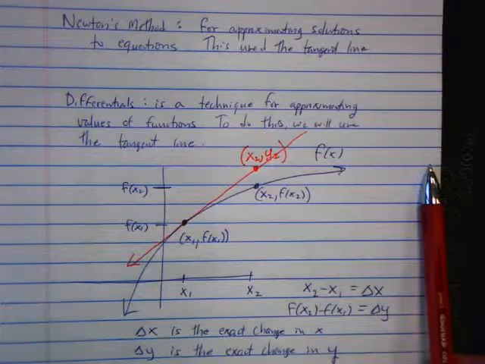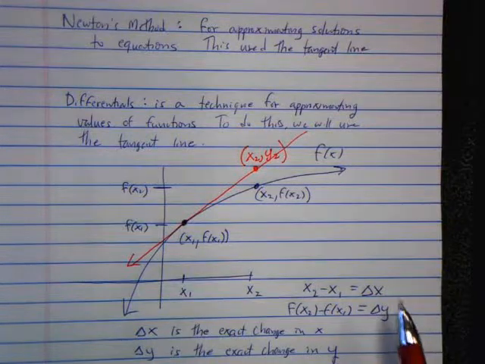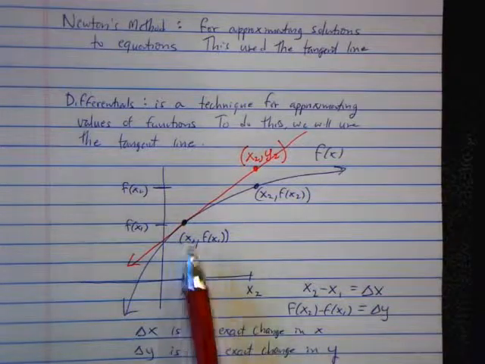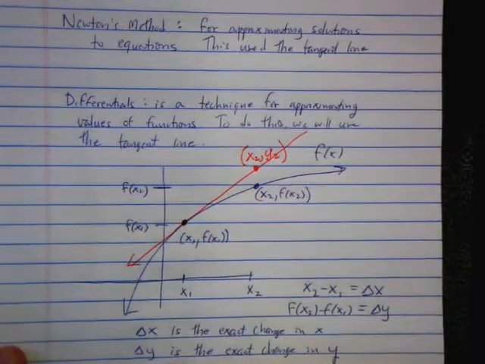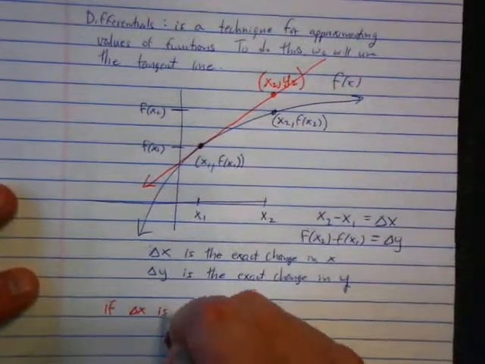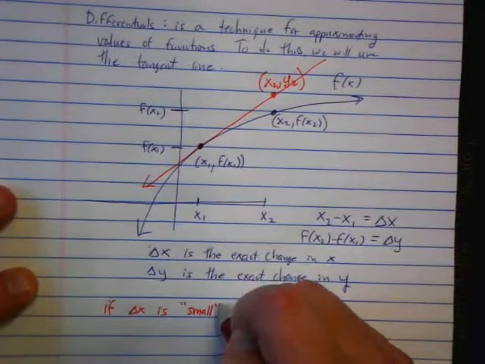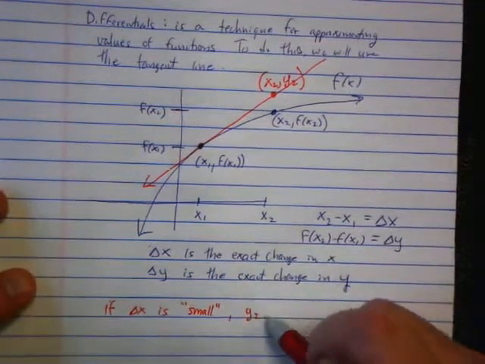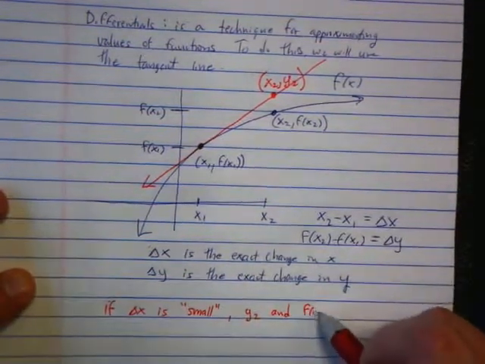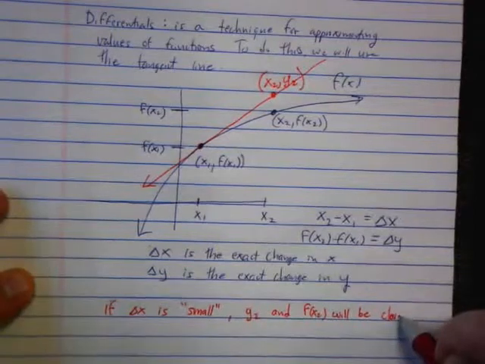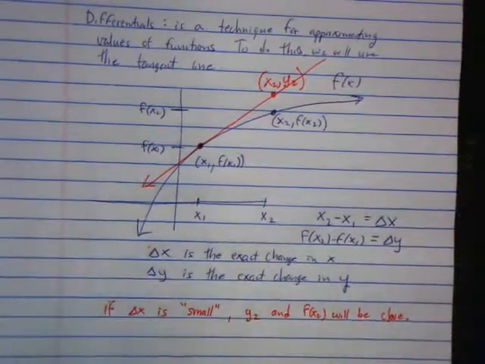Would they be very close to each other? No. So what do we want to have happen? We want x2 and x1 to be close to each other. So if delta x is small, and we're not going to define exactly what small means, y2 and f at x2 will be close. And that's what we want.